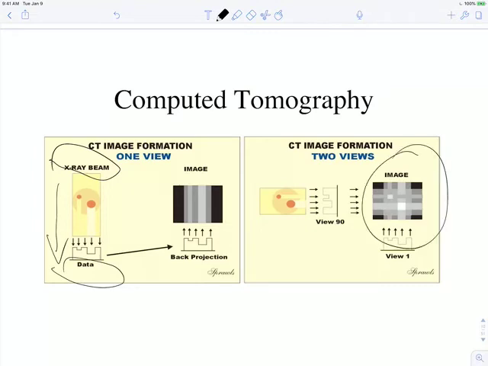These are called projections. If we combine these two projections, we can form a really basic image of what's in there. If we do many and many of these, we can start forming our image of what's inside. That was the key insight: take an X-ray machine and rotate it around your object. Once you have all that data, you have to figure out how to put it back together to make a nice image.